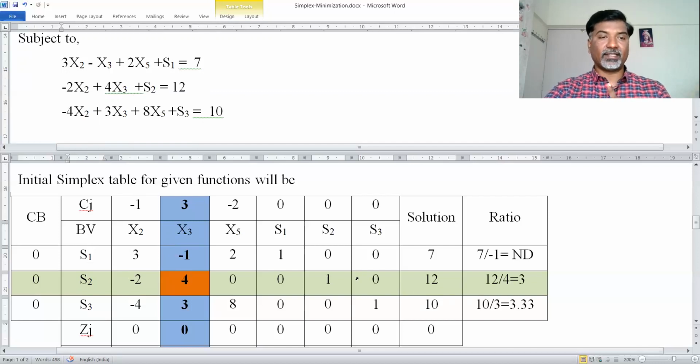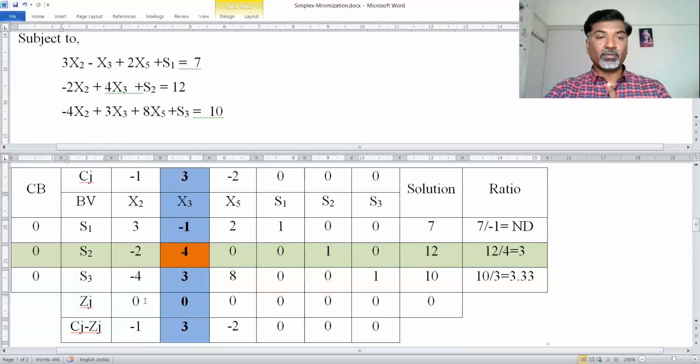Then the next thing is that we have to calculate the zj values. How to calculate the zj value? We have to multiply the column values with the coefficients of the basic variables. So to calculate zj in this particular column, what I am doing is multiplying 0 into 3 plus 0 into -2 plus 0 into -4.